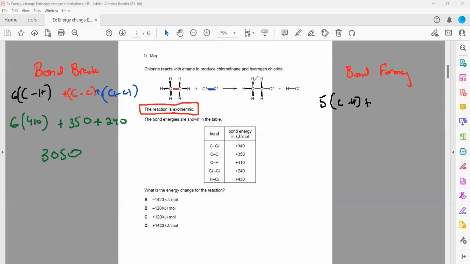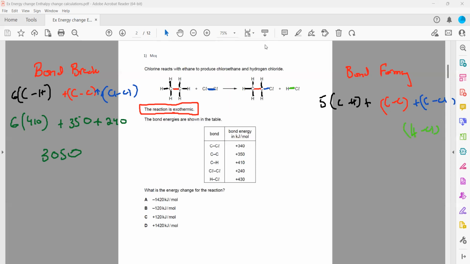Plus a carbon-carbon bond is there, plus there is a carbon-chlorine bond as well, and there is hydrogen chloride, HCl, also there. So we separate the two: the reactant side is bond breaking, the product side is bond forming.